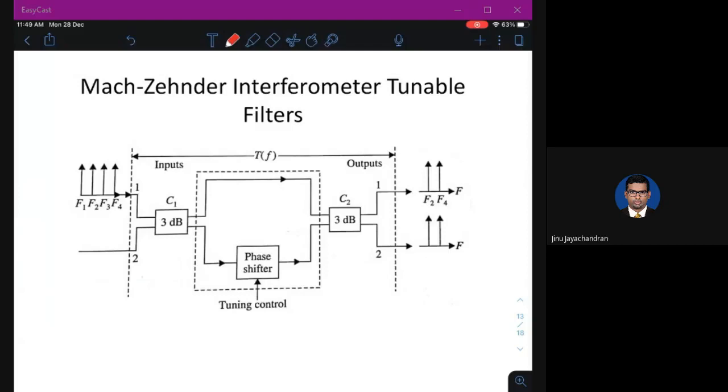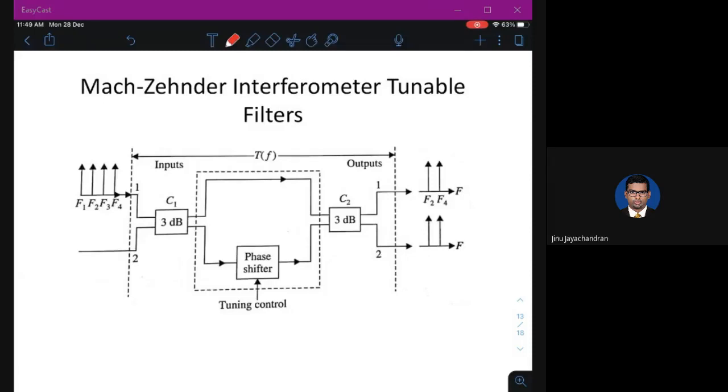And one of the most important tunable filters is the Mach-Zehnder interferometer. The Mach-Zehnder interferometer we have already seen, maybe in one of our third module or something.